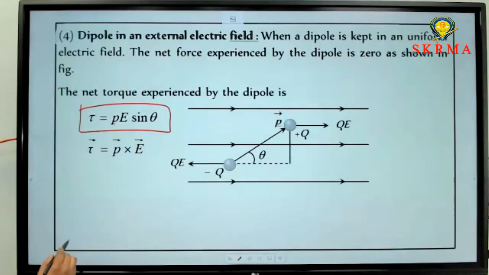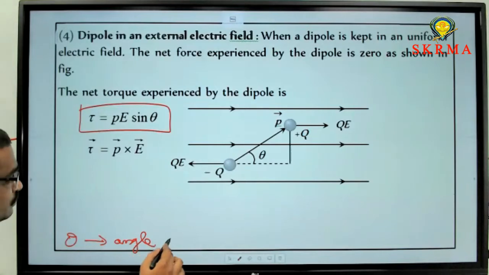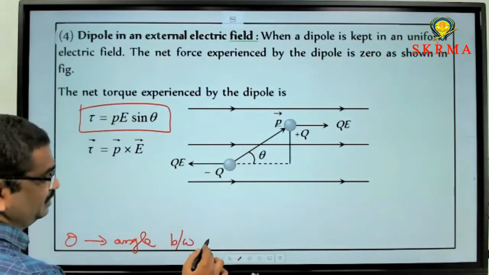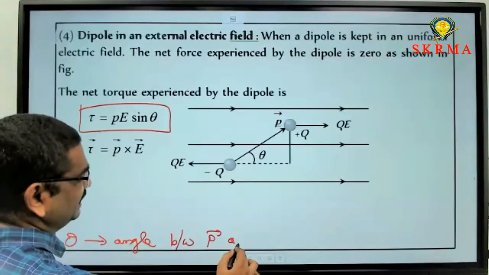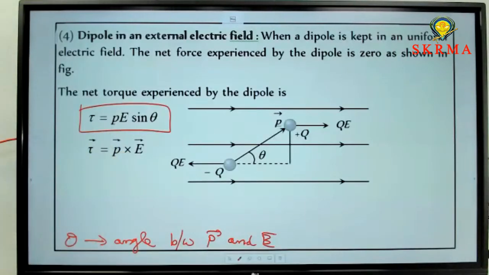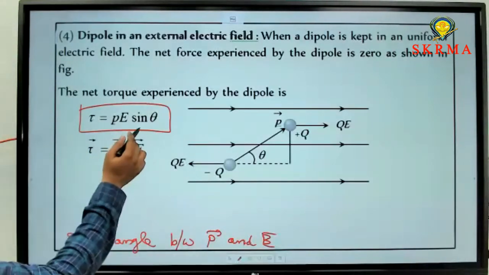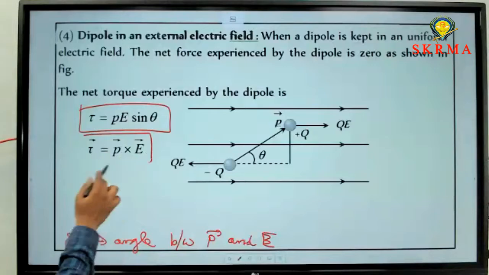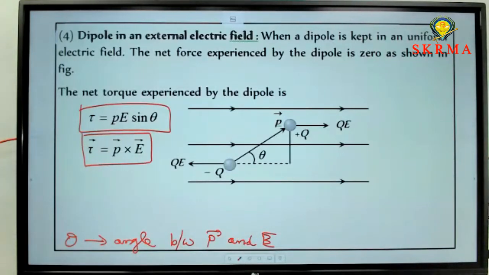What is theta? Theta is the angle between these two, P and E. So we can write this as torque equal to P bar cross E bar in vector notation.